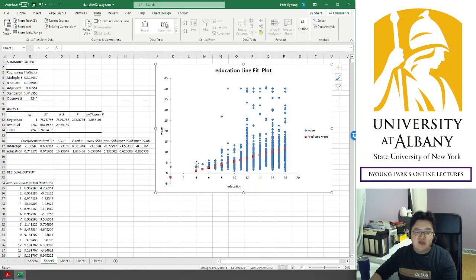And another thing you can find here is that it goes below 0. That is very weird. Hourly wage cannot be negative at all, and there are no negative observations, but it is estimated to be negative. It's because of the outliers. The estimator in this area is very inaccurate.